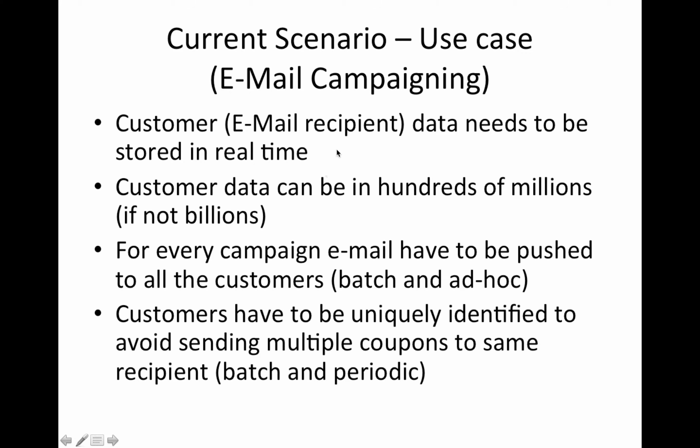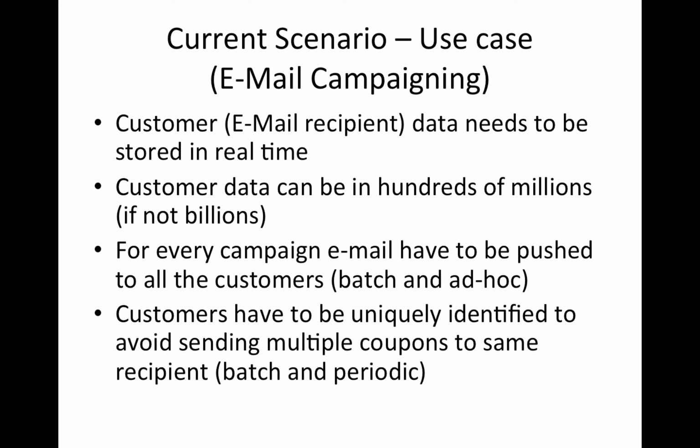And as we have seen earlier, I am reiterating. In this case, the database will have data such as email recipients, and it has to be stored in real time. And the data can be quite huge, and for every campaign, emails have to be pushed to all the customers. It could be batch or it could be ad hoc.